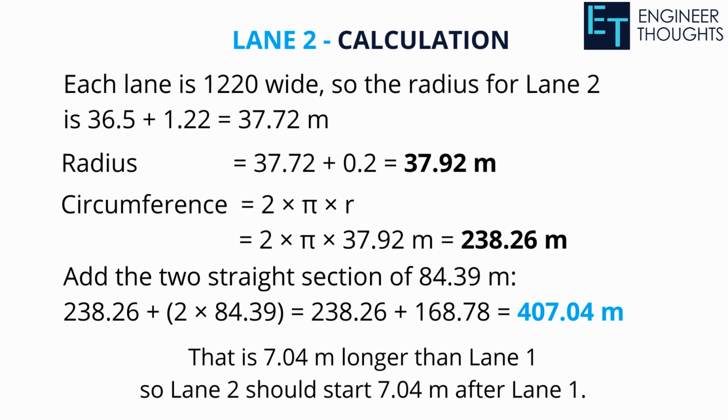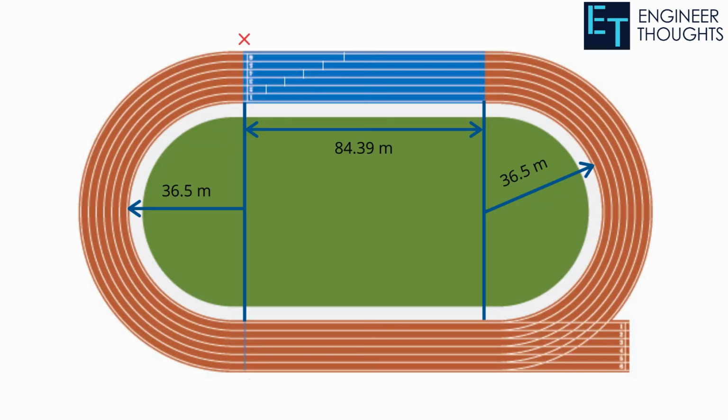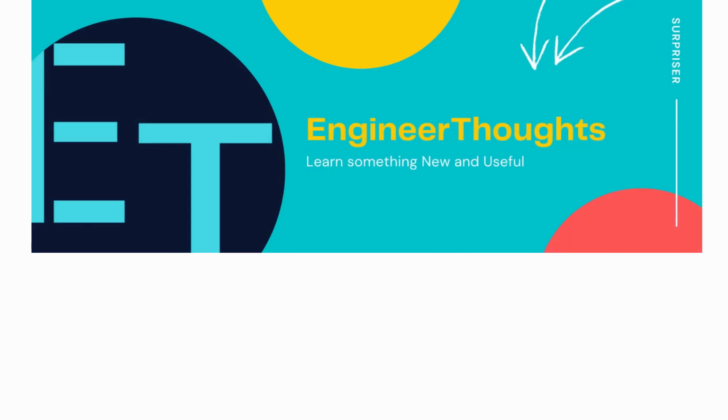When you add the two straight sections of 84.39 meters, it results in 407.04 meters, where 7.04 meters is longer than lane 1. So the athlete who is starting in lane 2 should start 7.04 meters ahead of lane 1. Similarly, try calculating for the other lanes.